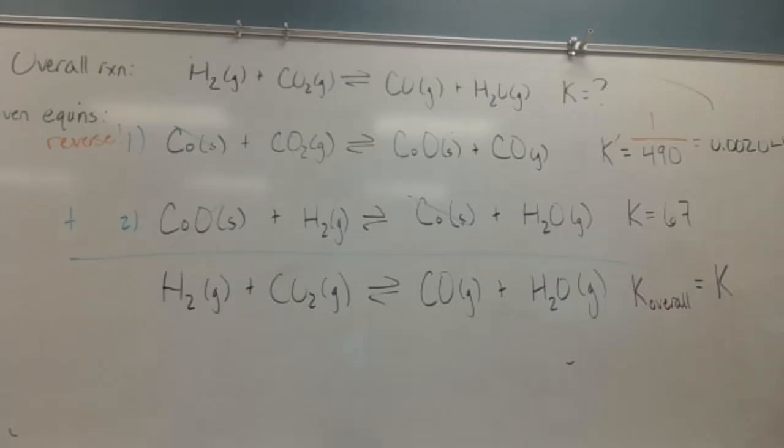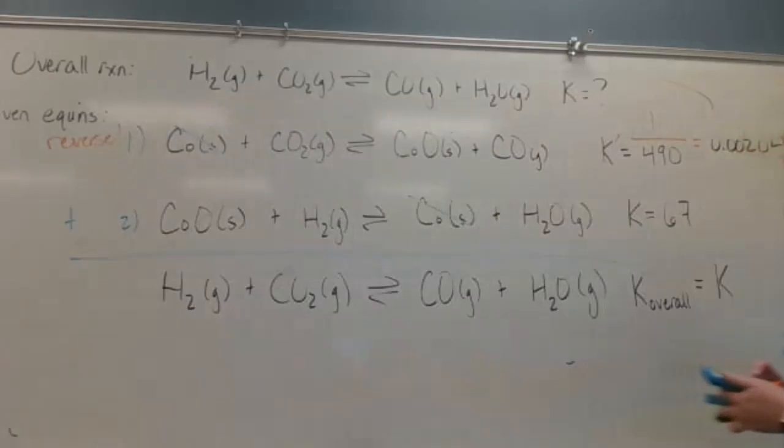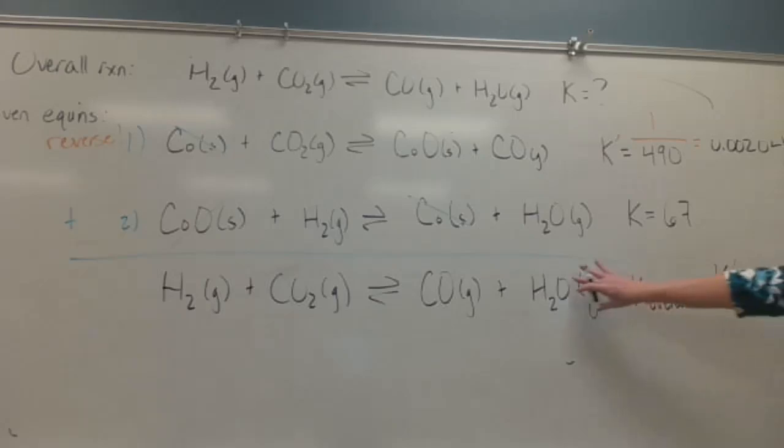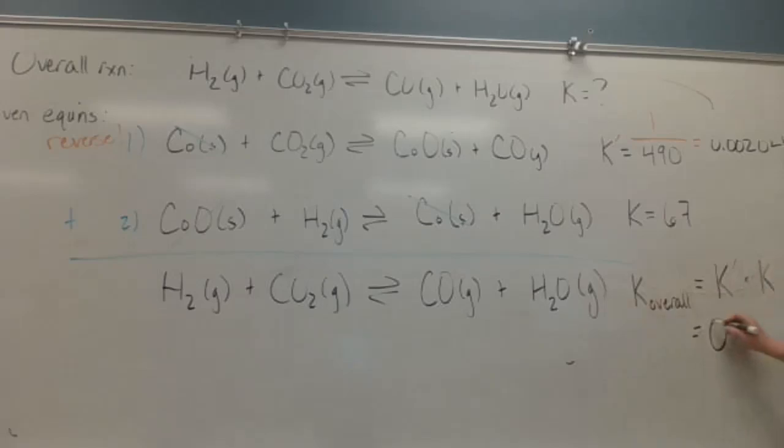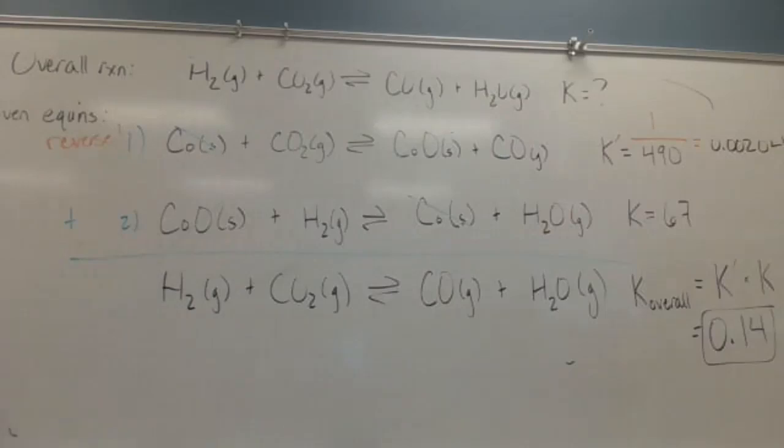So I'm going to multiply that K times that other K. What is K for this overall reaction? I guess we should do 2 sig figs, yeah? 0.14? There you go. There's a way you can find K. You've got some equations for it.